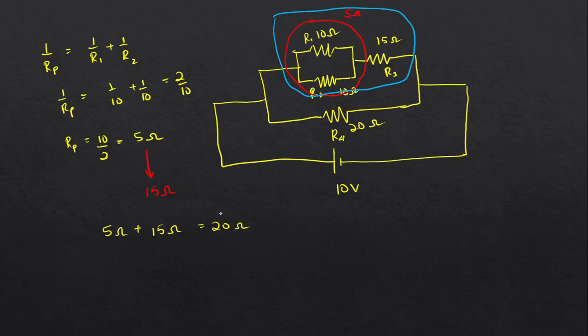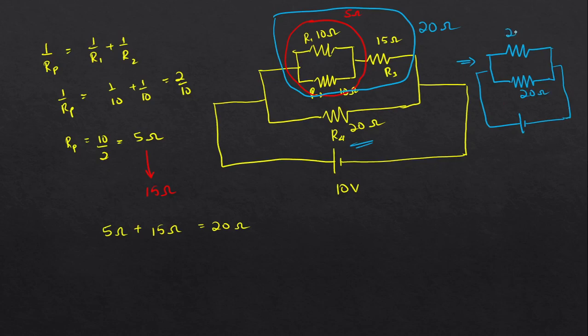So this is equivalent to writing a 20 ohm resistor connected to another 20 ohm resistor, that is R4, and these two are connected in parallel. So let's say we have a battery here. This is 20 ohm, this is also 20 ohm, this is a 10 volt battery.